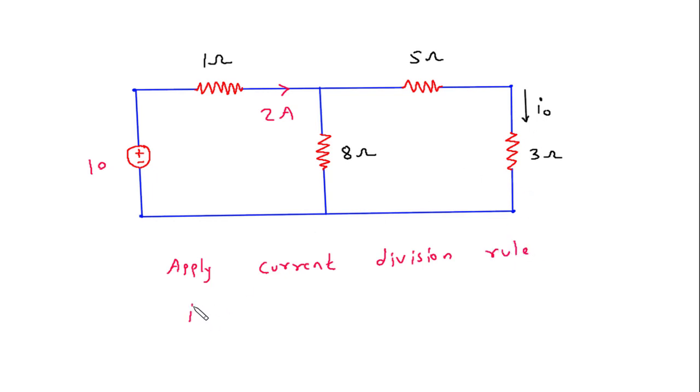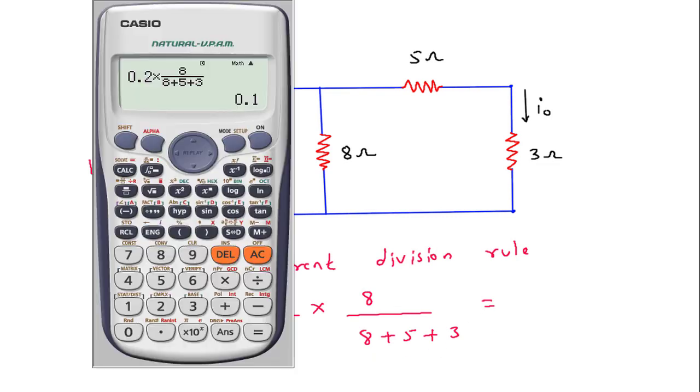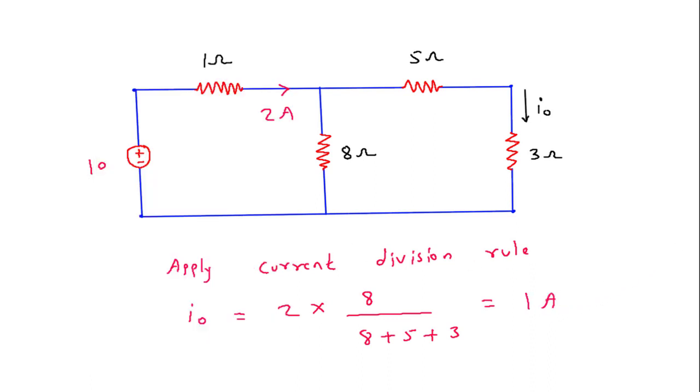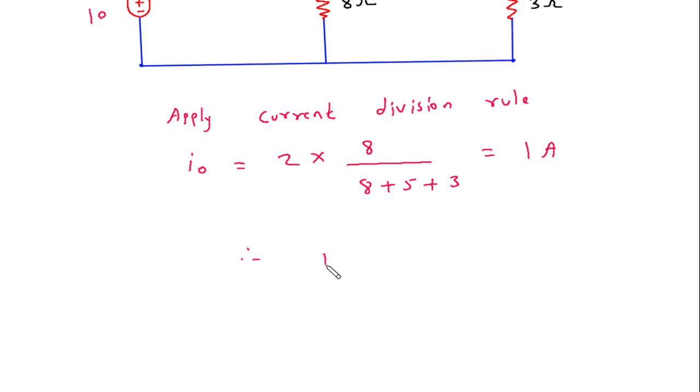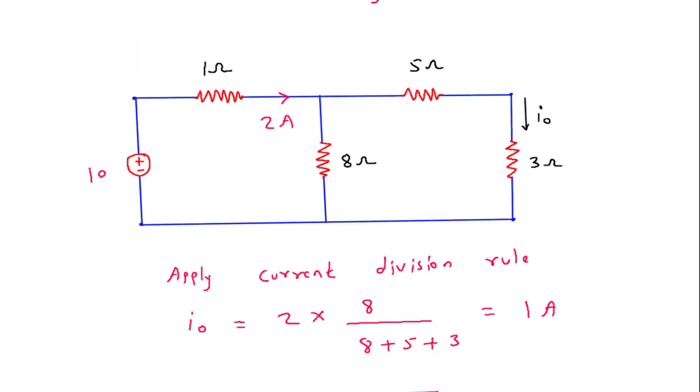So I0 is equal to 2 into 8 by 8 plus 5 plus 3. So this is 1 ampere. Therefore, I0 is equal to 1 ampere when the input voltage is raised to 10 volt.